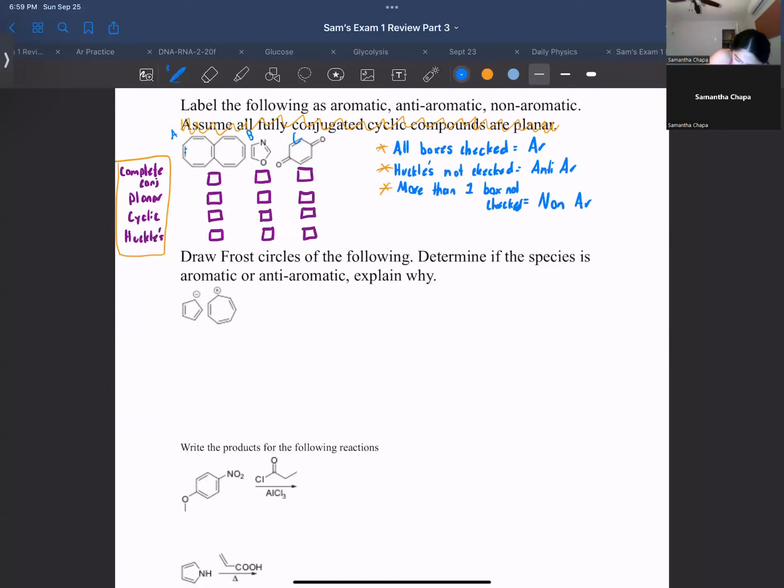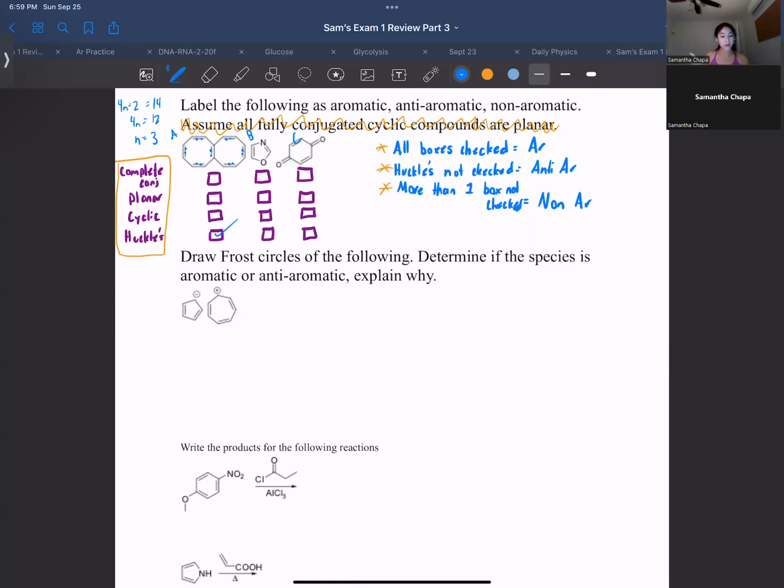So 2 electrons in each double bond, each pi bond. 6, 7, 8, 9, 10, 11, 12, 13, 14. And do Huckel's law. 4n plus 2, 12 equals 4n, and n equals 3. N is a whole number. So we obey Huckel's law.